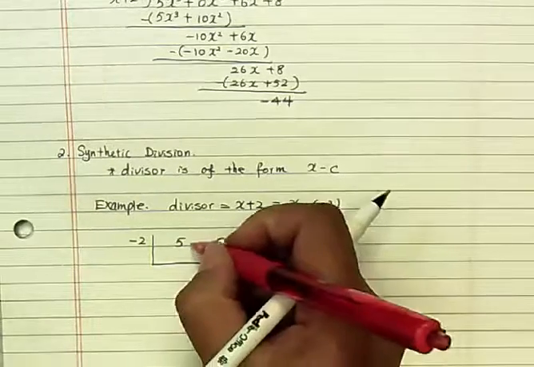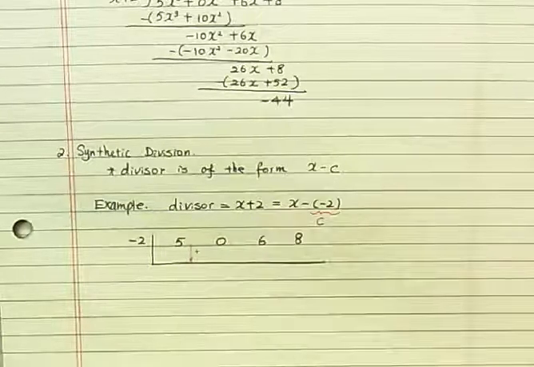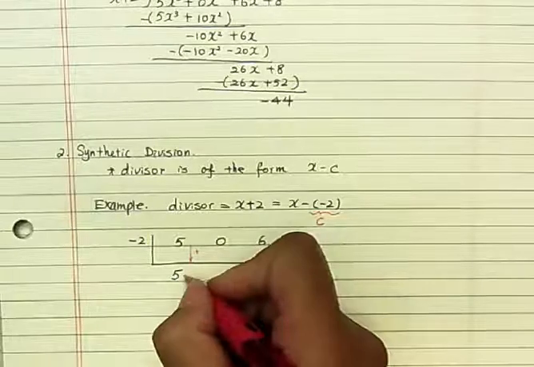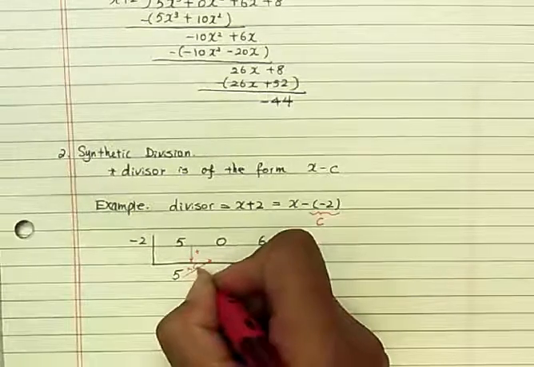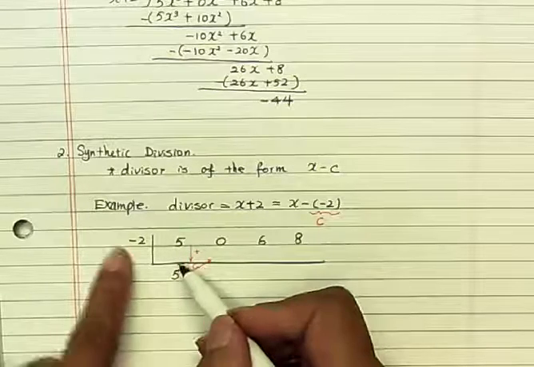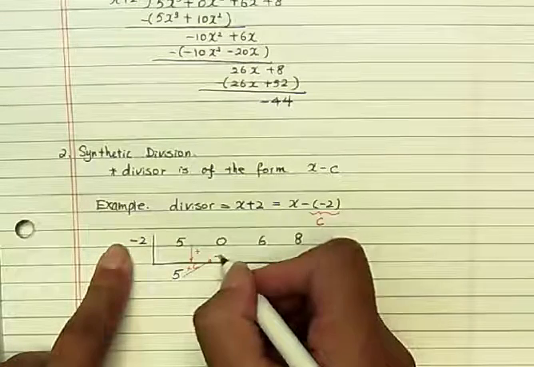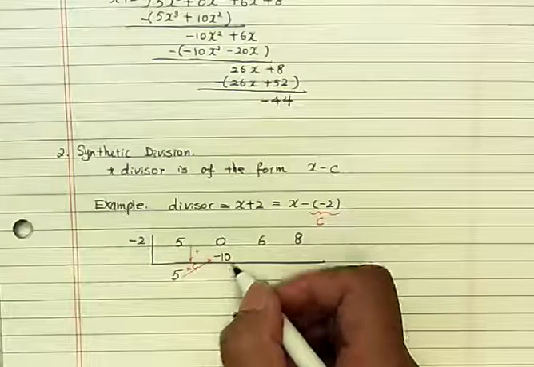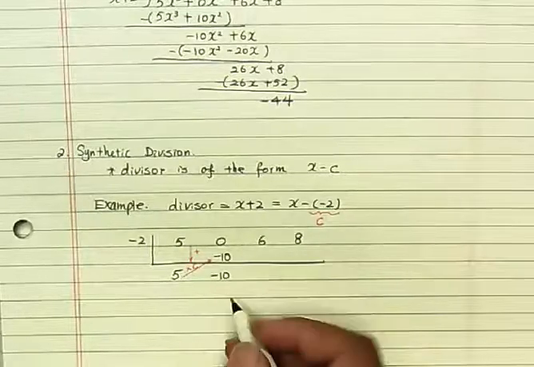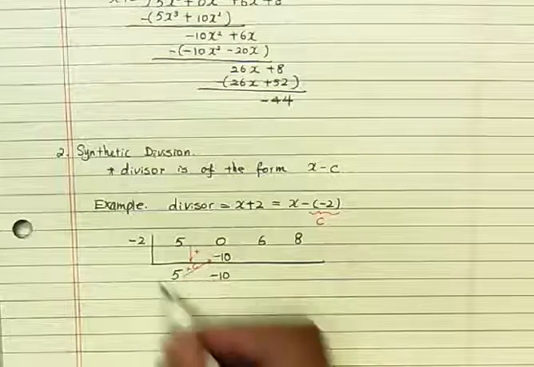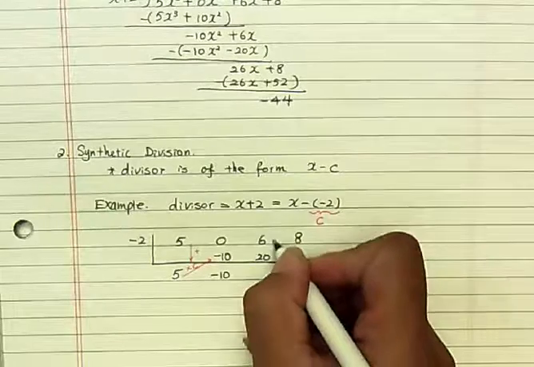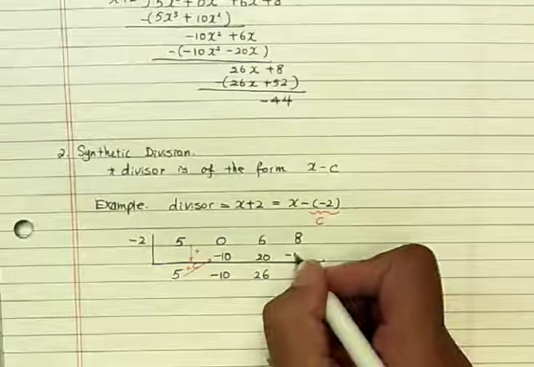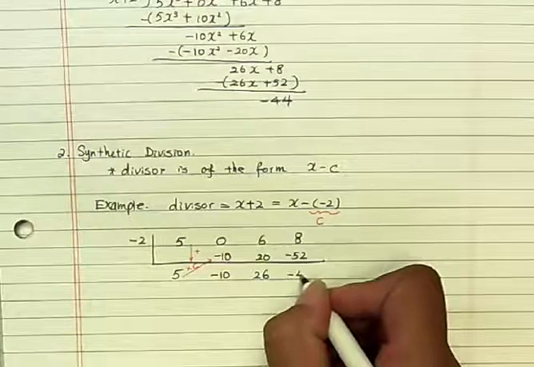So vertically, we add 5 plus nothing, that's 5. And then we go diagonally: you multiply by the c, which in this case is negative 2. 5 times negative 2, that's negative 10. 0 plus negative 10, vertically add, negative 10. Times negative 2, because we multiply by the c, so that's 20. Vertically adding, 26. Times negative 2, negative 52, so that's negative 44.